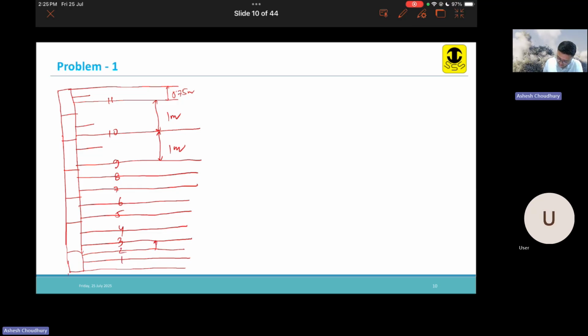So here the spacing is 0.5. At the top you put 1 meter spacing, and at the bottom you put 0.5 meter spacing.